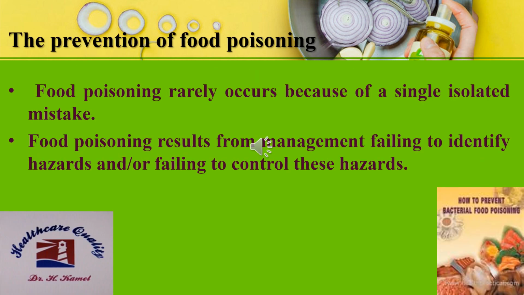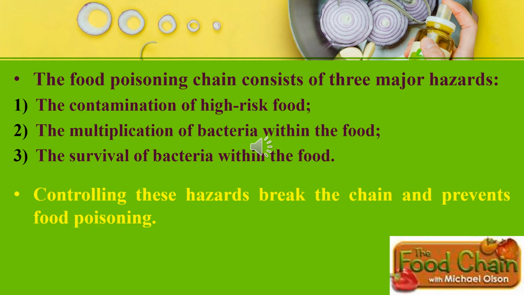The prevention of food poisoning. Food poisoning rarely occurs because of a single isolated mistake. Food poisoning results from management failing to identify hazards and/or failing to control these hazards. The food poisoning chain consists of three major hazards.